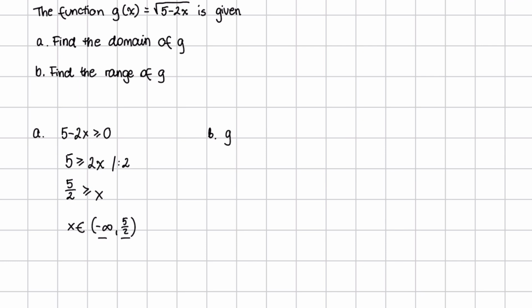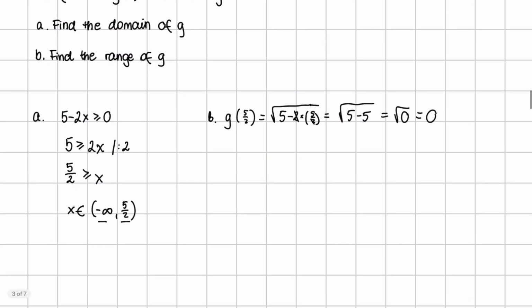So g of 5 over 2 is the square root of 5 minus 2 times 5 over 2. The 2s cancel out, so it's 5 minus 5, the square root of 0, so this is 0. And now we have minus infinity.